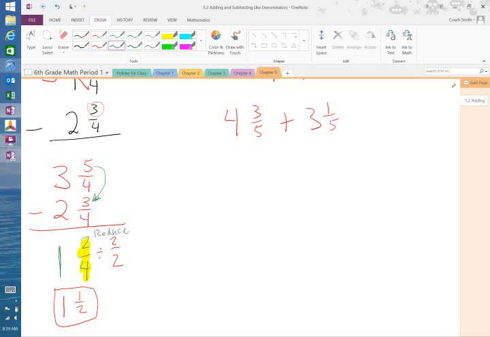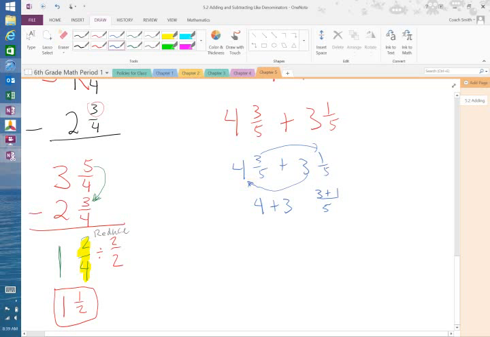So, once again, if you did it horizontally, you can do that. You would take the 3 plus the 1. So you basically have 4 plus 3 and 3 plus 1 over 5.